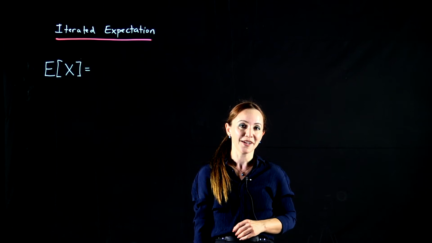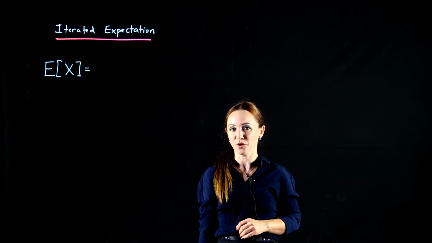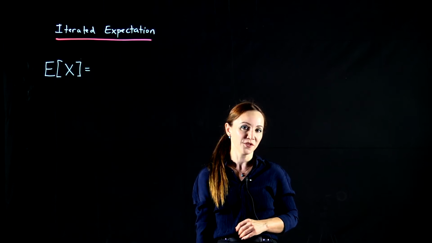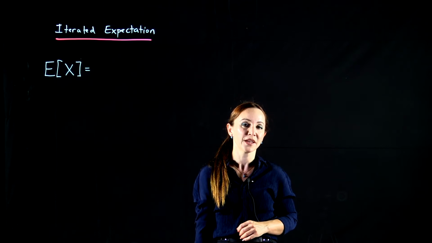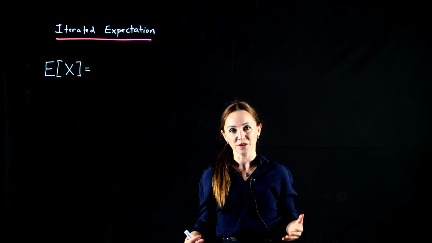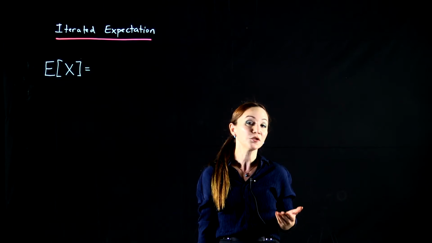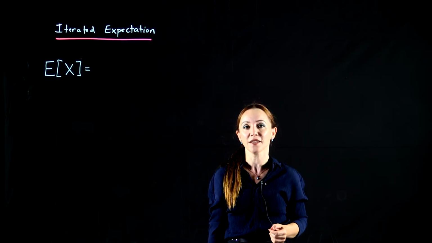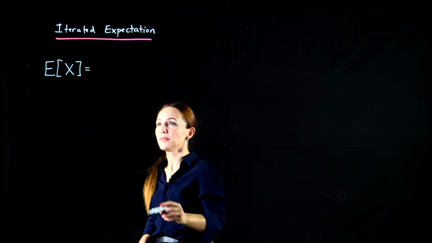When multiple random variables defined on the same probability space are involved, an easy way to compute the expectation of one random variable is sometimes to compute it by iterated expectation. Iterated expectation is a fascinating way to compute expectation, actually.